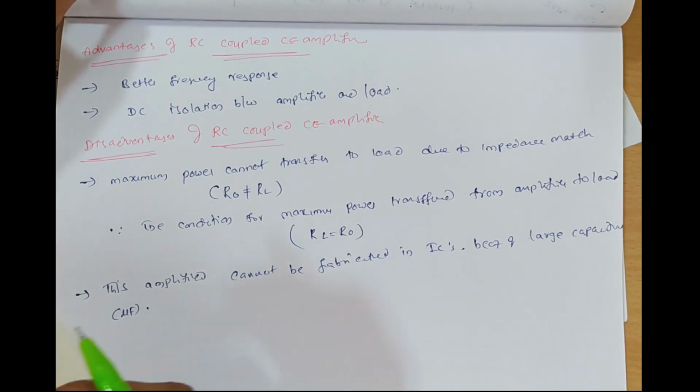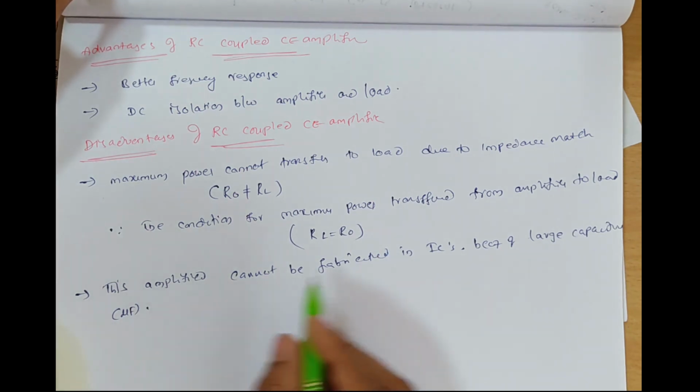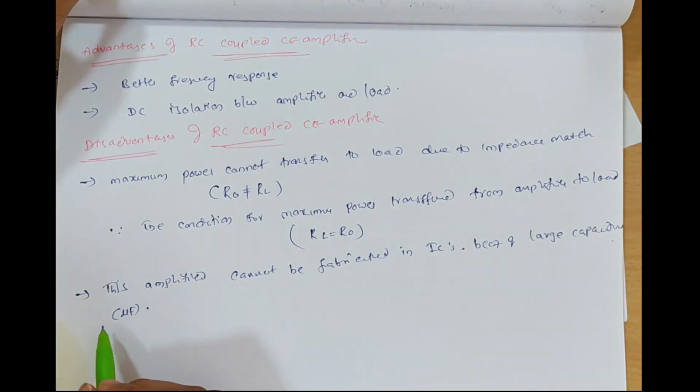When fabricating integrated circuits, we always choose low power, high speed and low chip area. Here in this RC coupled amplifier, we are using large capacitors, that is, microfarad capacitance values.